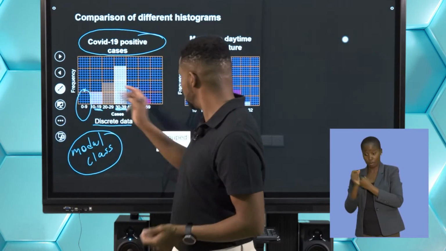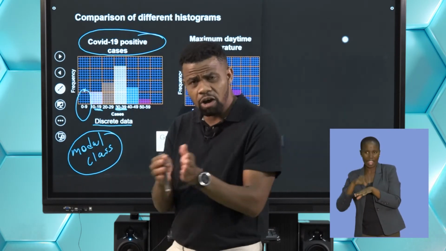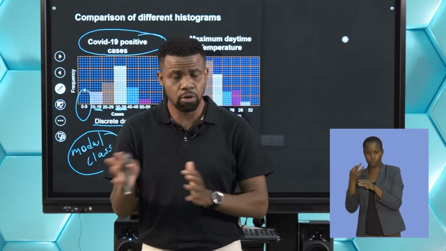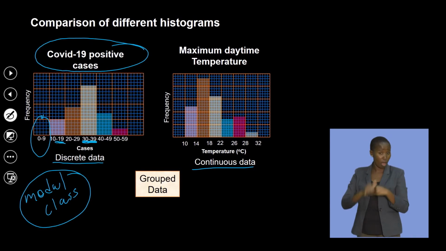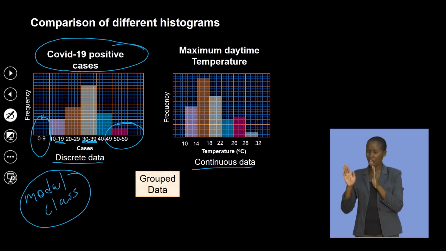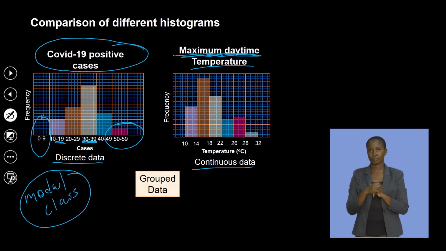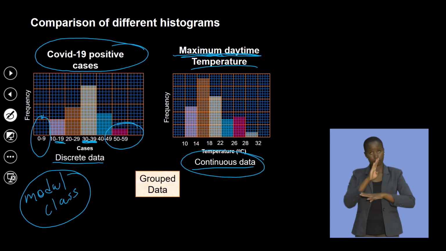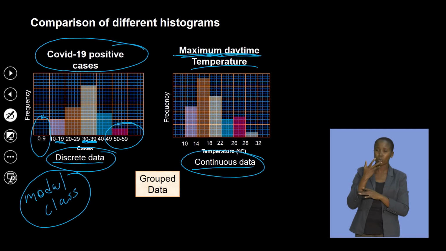I'm not sure how long the data covers, whether a month or a week. And 50 to 59 is the lowest in this chart. Then we have maximum daytime temperature. You can see this is continuous and discrete, which can be done the same way.